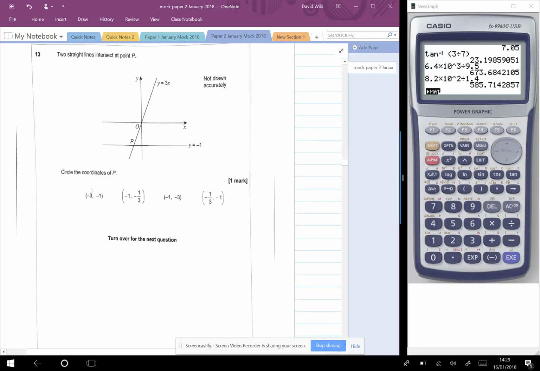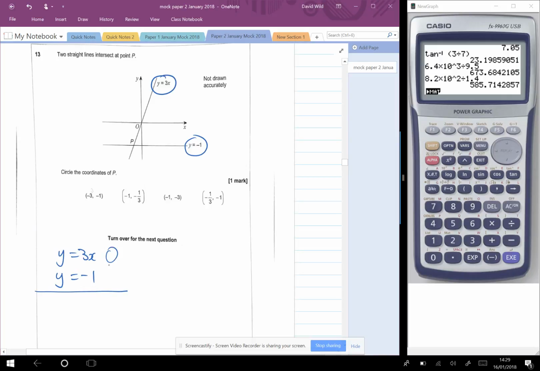Question 13. Two straight lines intersect at the point P. Now, straight lines are y equals 3x and y equals minus 1. Circle the coordinates of P. So this is a little bit like simultaneous equations. So here we've got y equals 3x, y equals minus 1, and I'm going to subtract this.